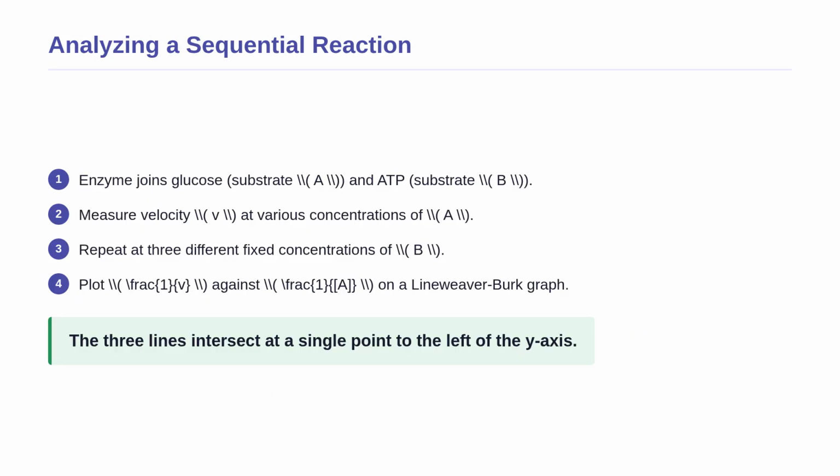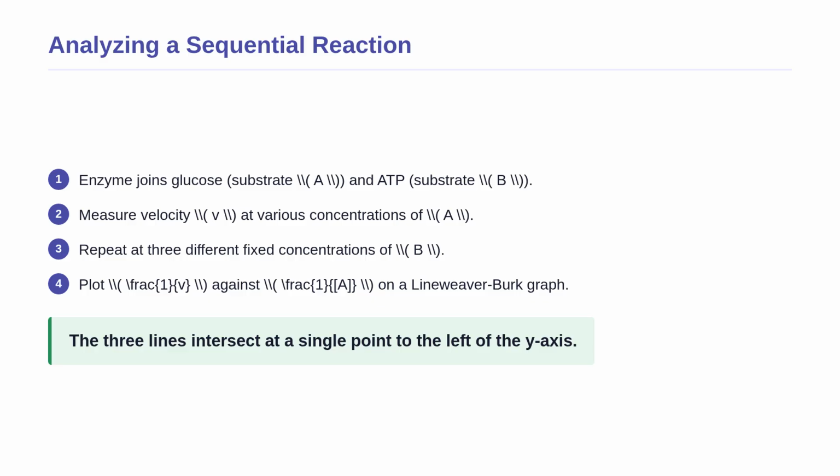Now that we have our formula, let us see this with a concrete example from the laboratory. A researcher is studying an enzyme that joins glucose, which we will call substrate A, and ATP, which is substrate B. She measures the reaction velocity at various concentrations of glucose. Then, she repeats this entire experiment at 3 different fixed concentrations of ATP.